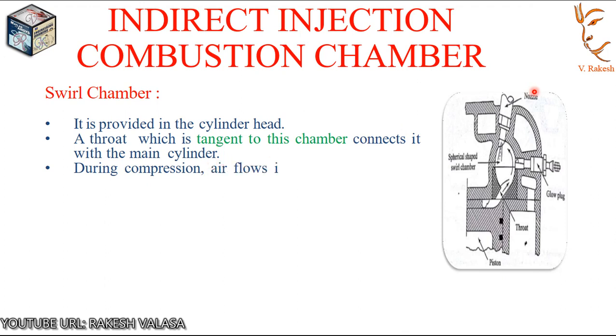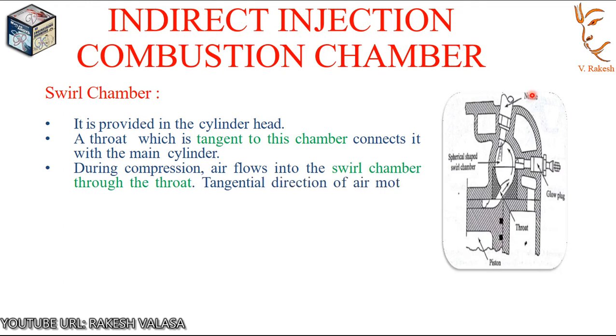During compression, air flows into the spiral chamber through the throat. See here, this is the throat part. Tangential direction of air motion generates rotary motion inside the spiral chamber.